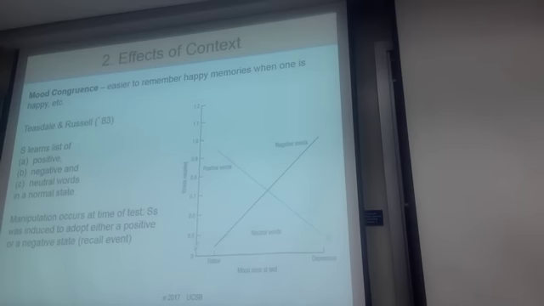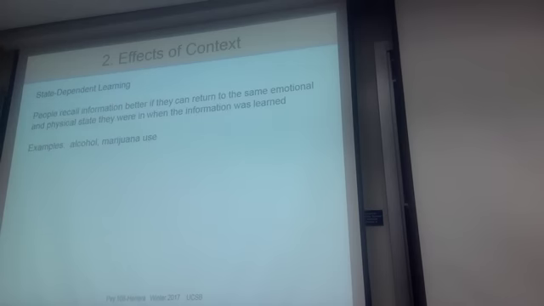If they were in a depressed mood, they remembered more negative words than positive, and the neutral ones went slightly up. Often neutral is perceived as kind of negative because we want positive things, so that's probably why that's a slightly positive score. So again, people recall more words that match their mood.